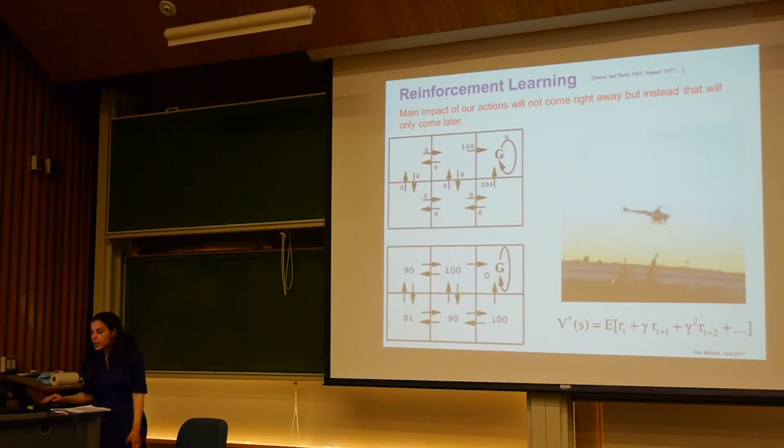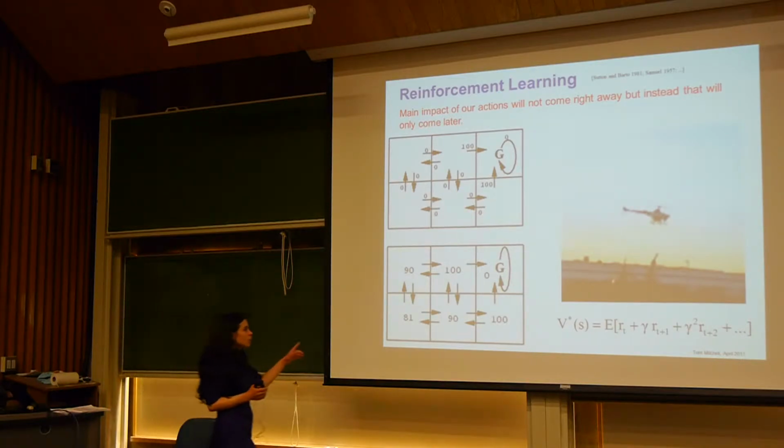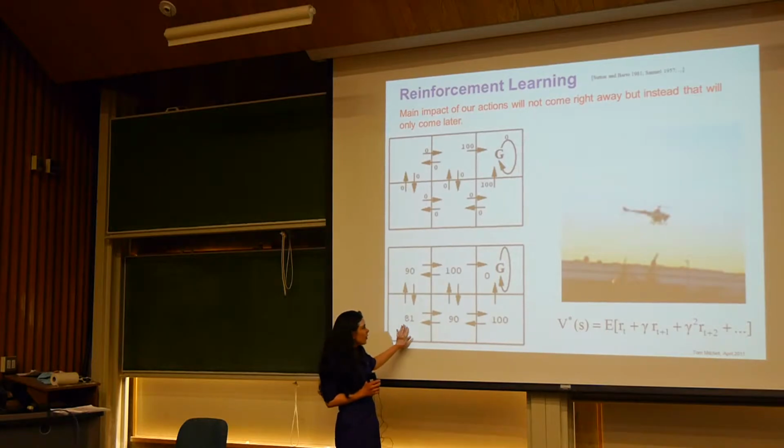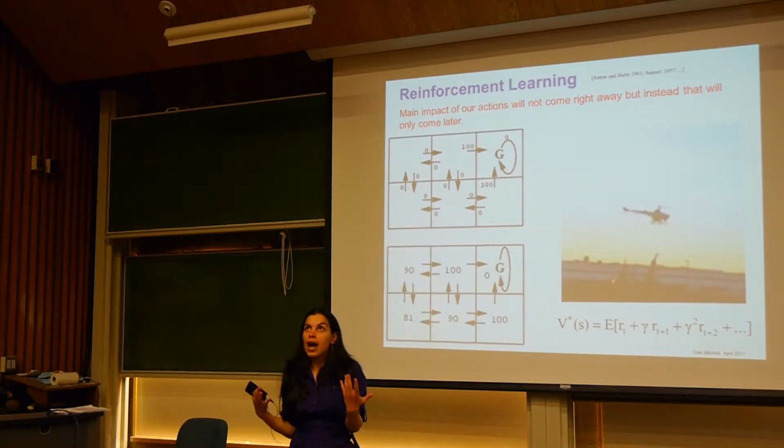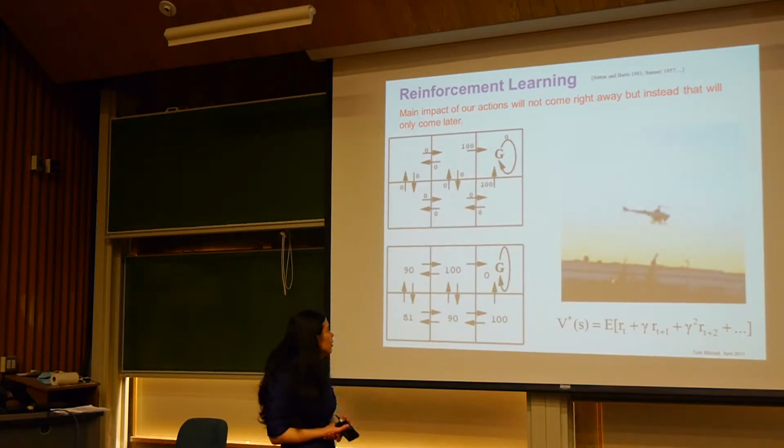So that's reinforcement learning. One of the main ideas of reinforcement learning, and we'll see this in the lecture, is how do we actually act, or how do we decide what to do next? What policy should we take?